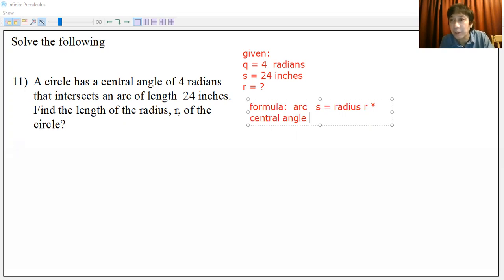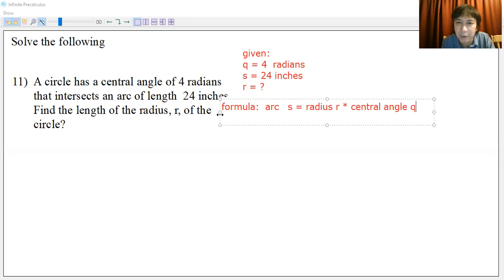Now theta is a Greek letter, so we shall replace that with a simpler letter q. This will be our working equation. So the formula is arc S is equal to radius R times central angle, or in a simpler presentation, S is equal to R times q.